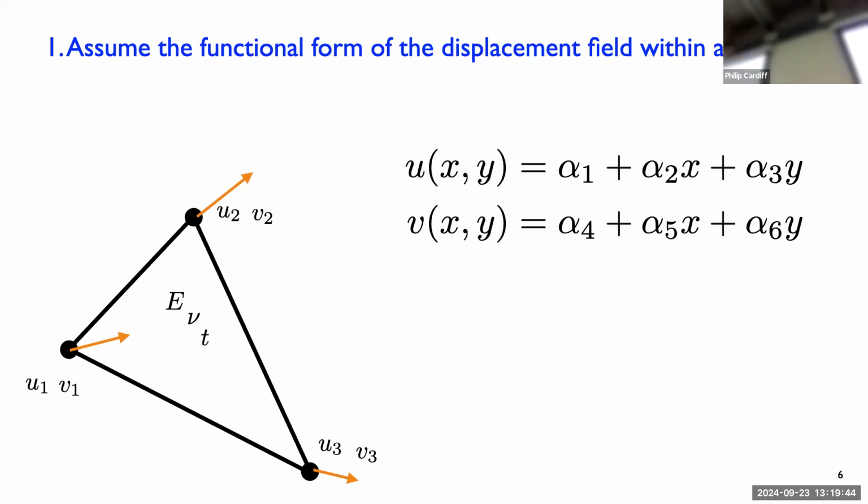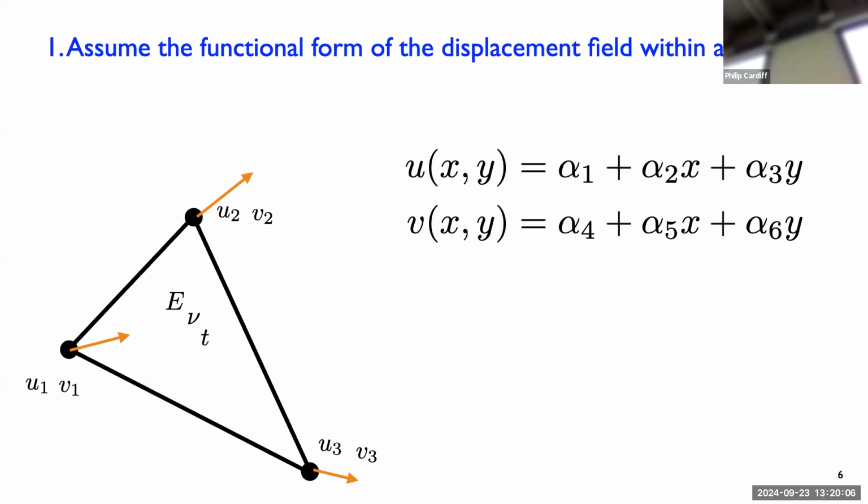So following the approach we did in the truss, let's assume or approximate the displacement within this element using the simplest polynomials. So just these first order polynomials. So we have 2 fields here. We have the U field and the V field. So U is the X displacement.